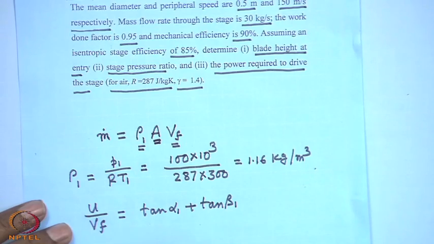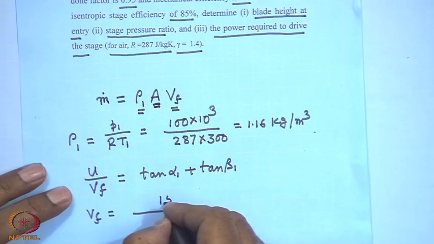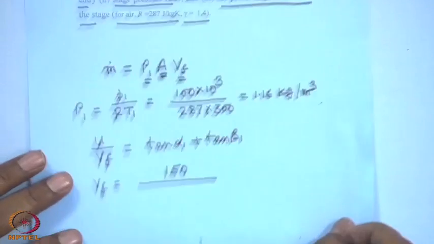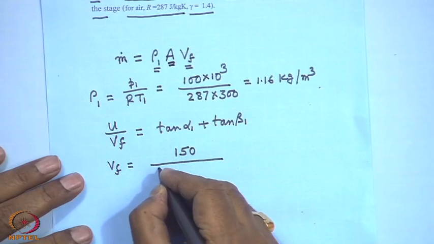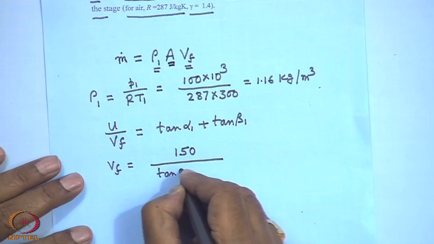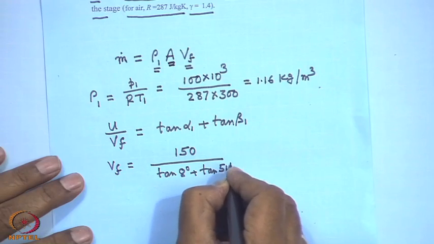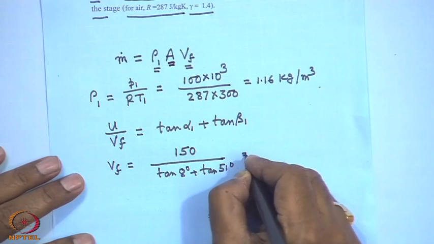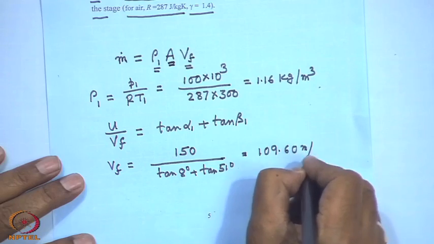What is U? U is given as 150 meter per second. So, 150 divided by tan alpha 1 plus tan beta 1, that means tan of 8 degree plus tan of 51 degree, and if you solve for it, you will get a velocity of 109.60 meter per second.